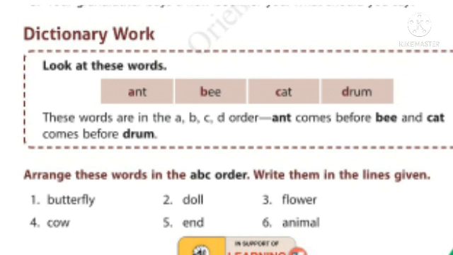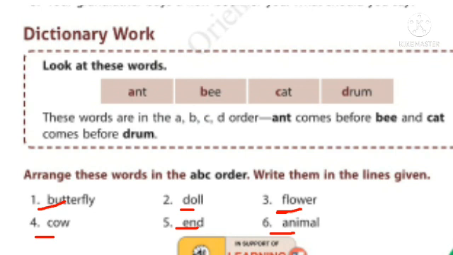The words given here: first one butterfly, second one doll, third one flower, fourth one cow and fifth one ant, sixth one animal. So in all these words we need to find out the initial letter. From the word butterfly, the first letter is B. Doll, the first letter D. And flower, the first letter F. And cow, the first letter C. And ant, first letter A, animal first letter A. So how to arrange these words in alphabetical order?